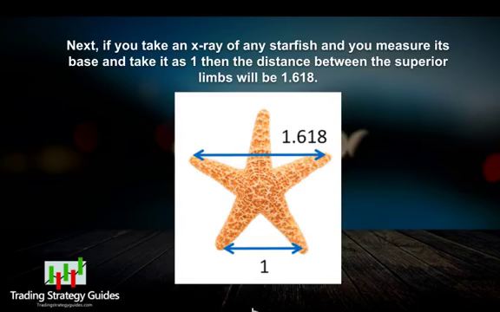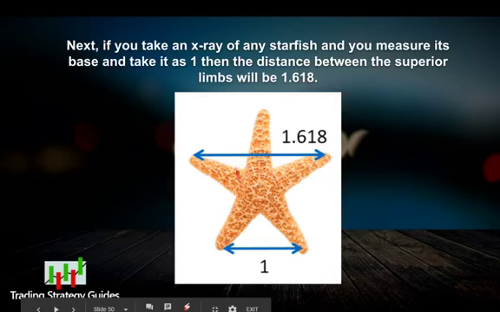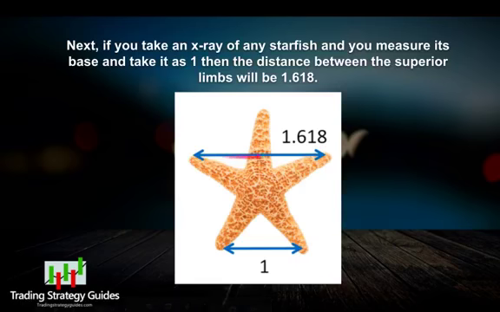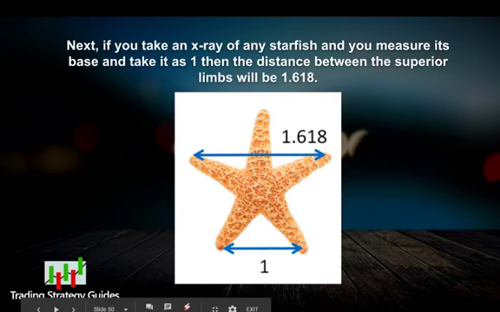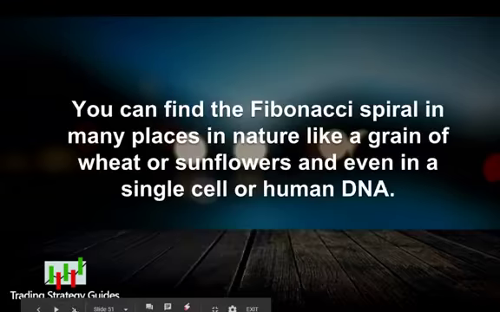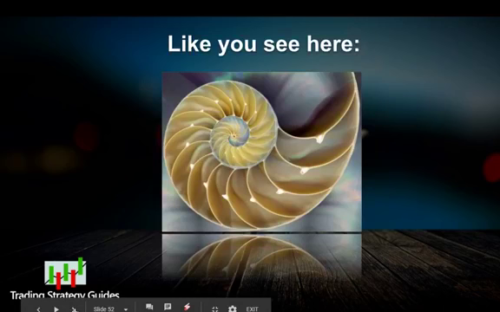Here's another example. This is a starfish, and again, the way it grows incorporates this ratio. If you take this distance up here, from that point to that point, and this distance from here to here, you will get the same ratio. And you can find uncountable examples of that.